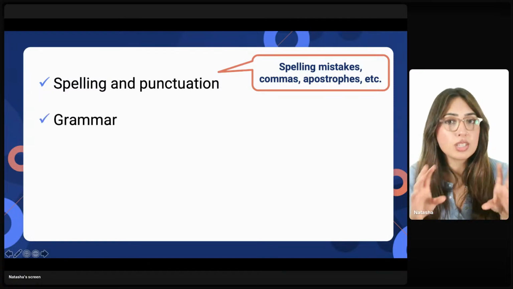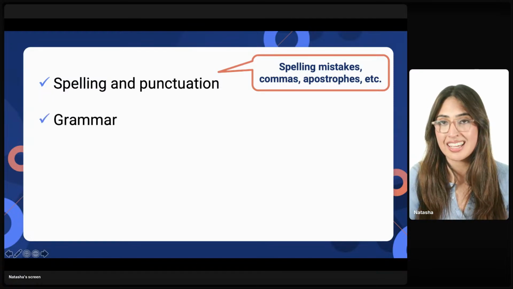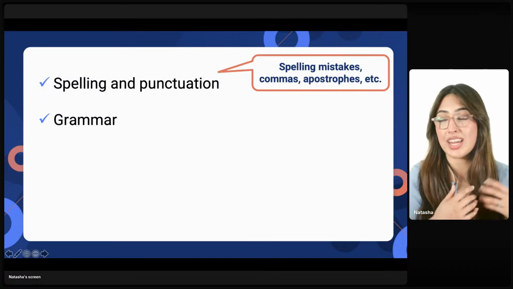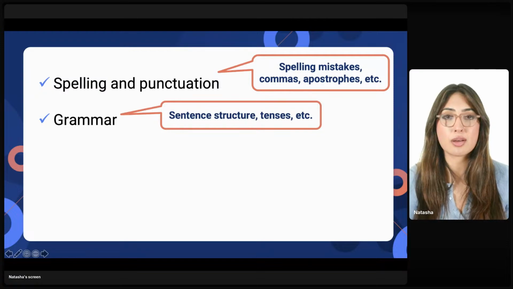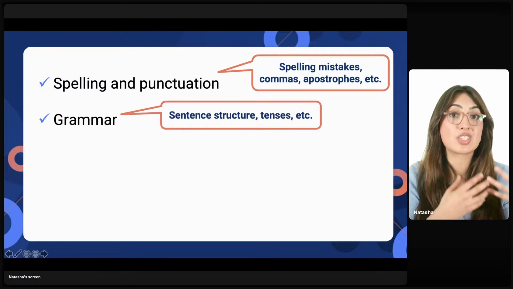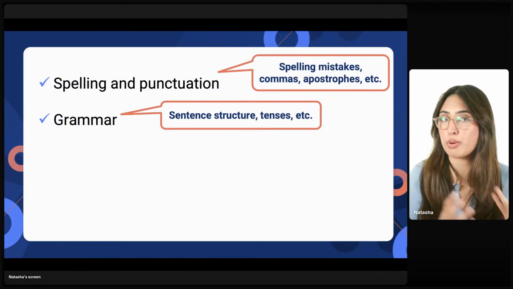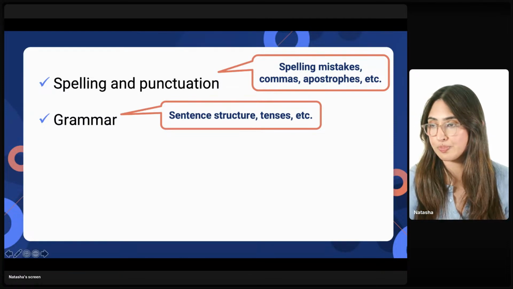Grammar is a really important part of essay writing. It appears on criteria whether you're taking an English test or an English assignment, and we need to think about things like sentence structure and our tenses, so whether you're writing in the past or present, those types of things.